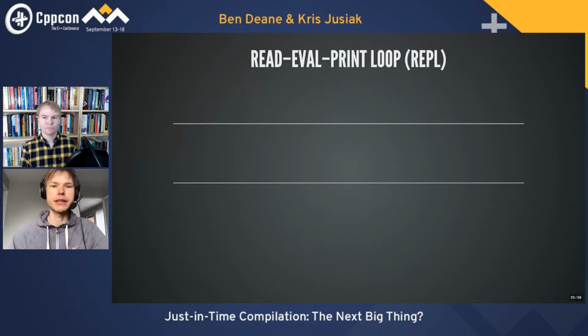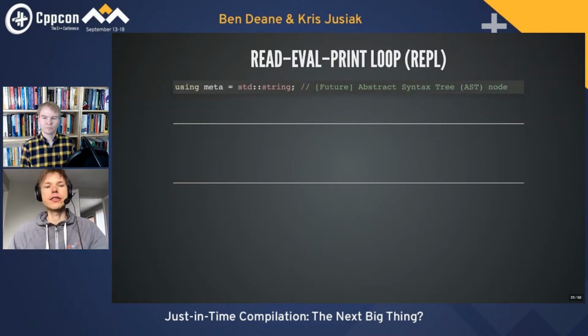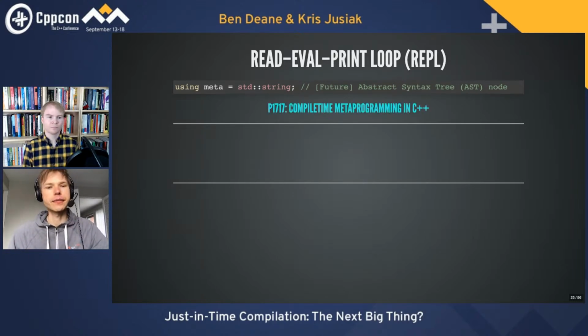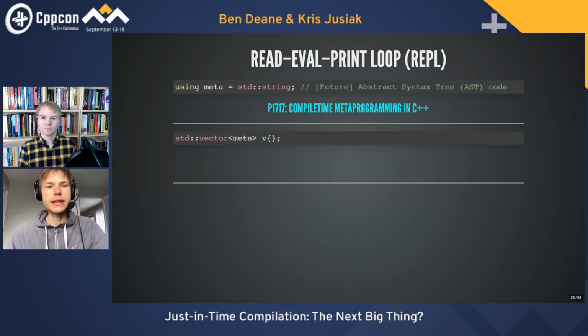Yet another thing which we can discuss is the fact that, as we mentioned with Cling, the REPL kind of thing, you can imagine that the meta type, which is the string here, in the future would be an abstract syntax tree instead. And you can read about it in Andrew Sutton's proposal about reflection and dealing with stuff at compile time.